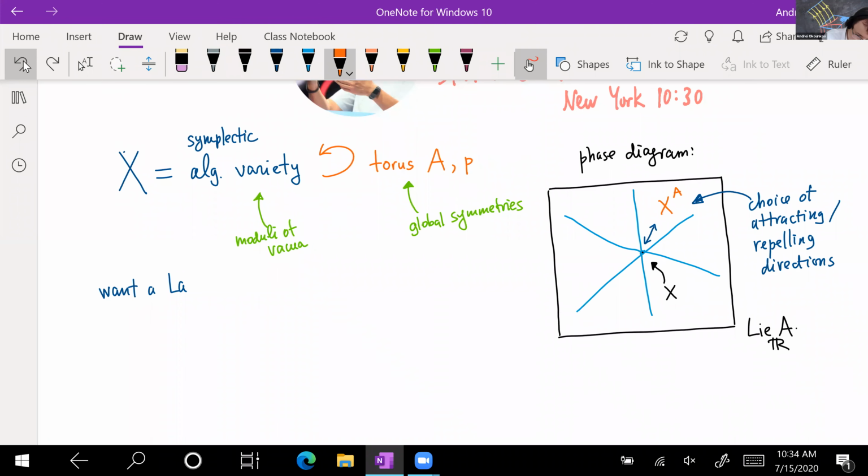And in general it seems like maybe resolution of singularities is not the way to go somehow. Anyway, this is not what we're going to do.